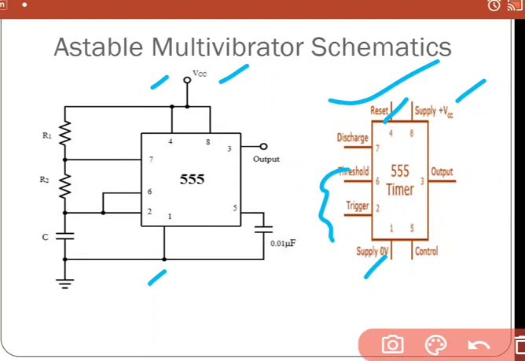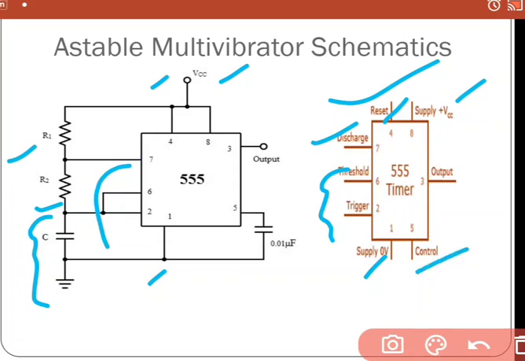The pins 6 and 2, these two are connected together, and it is connected to this point. It will get the capacitor voltage all the time when it is running. Now the discharge pin, it is connected in this junction, that is between R1 and R2. This capacitor will discharge through this point, through this discharge transistor.